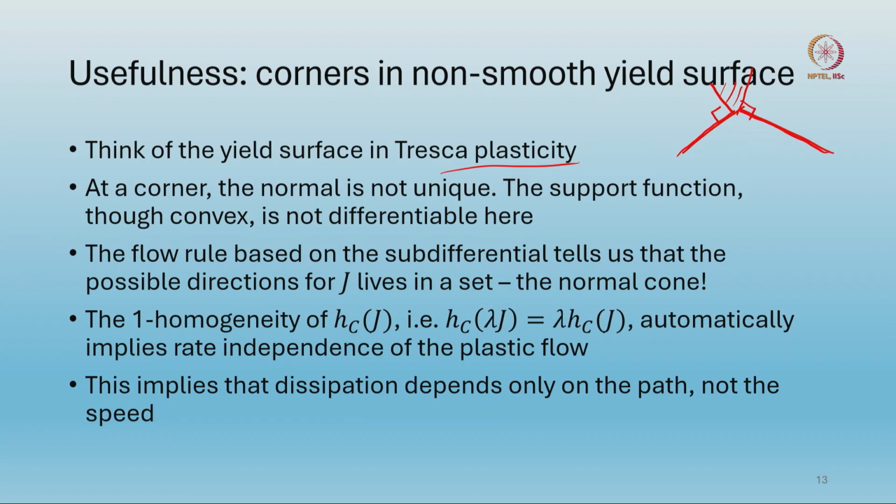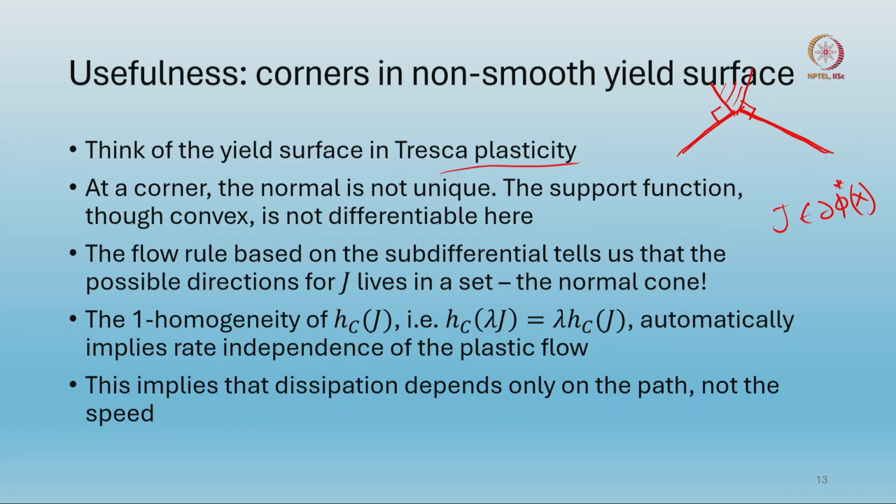So in such a case, by the same logic, J is an element of del phi star of x, or sigma 0, x is basically sigma 0. J can take a value because del phi star sigma 0 is the normal cone at this corner. So J can take any value which lies within that normal cone.